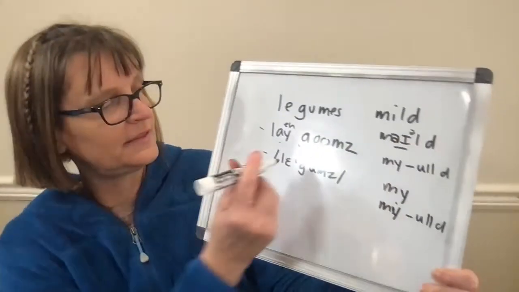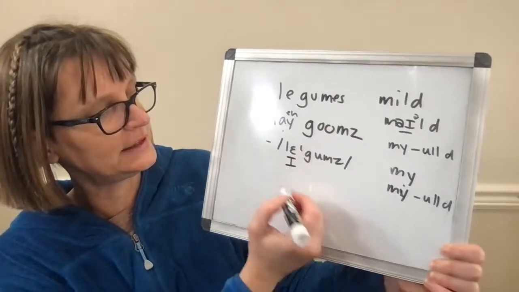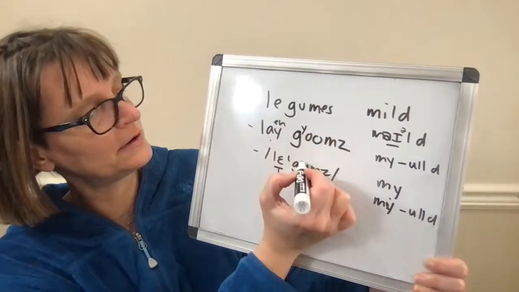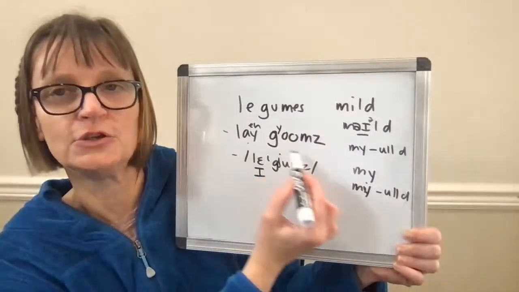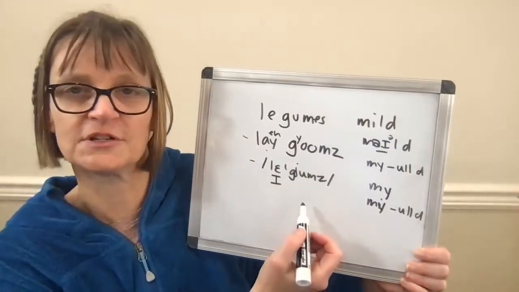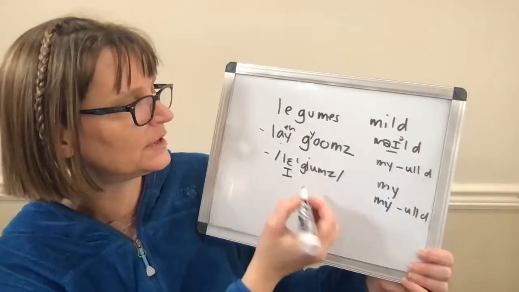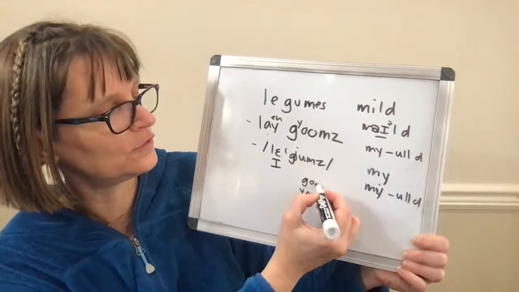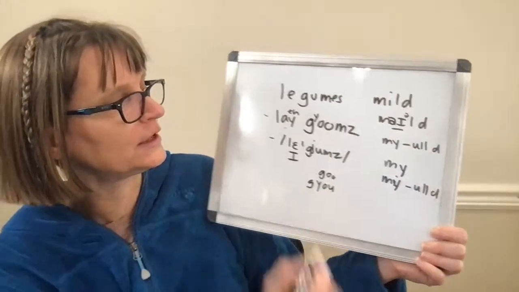I would say in the dictionary, they also had the le. And then correcting my earlier pronunciation, legumes, they're showing it consistently with gu. So rather than just goo, go for gu, legumes.